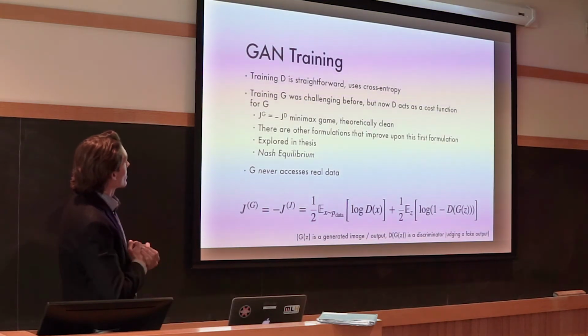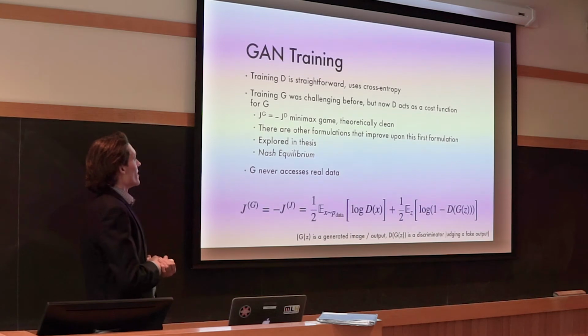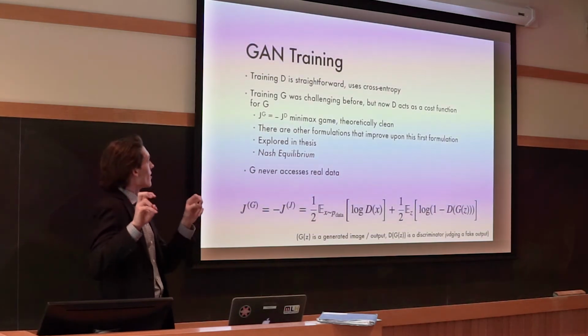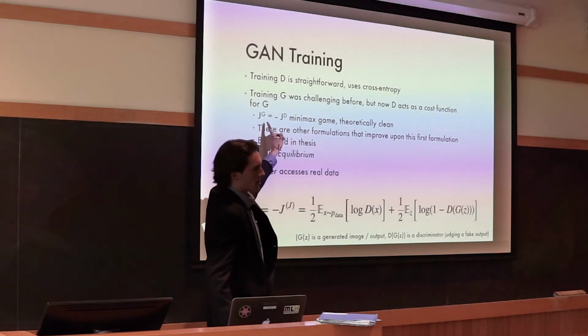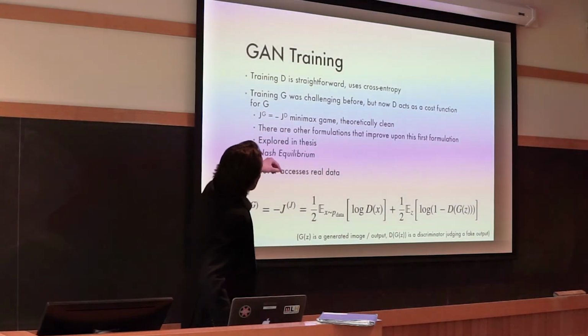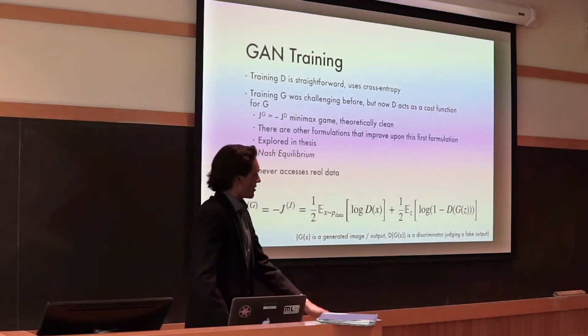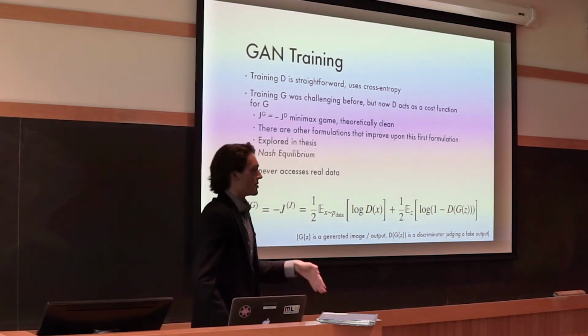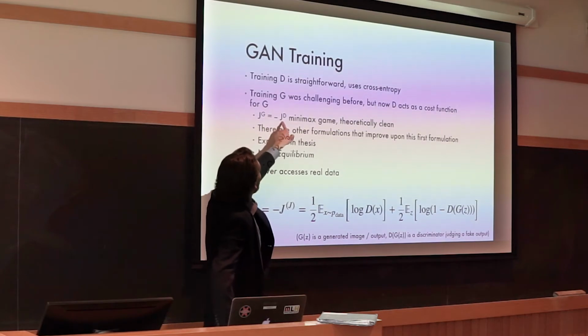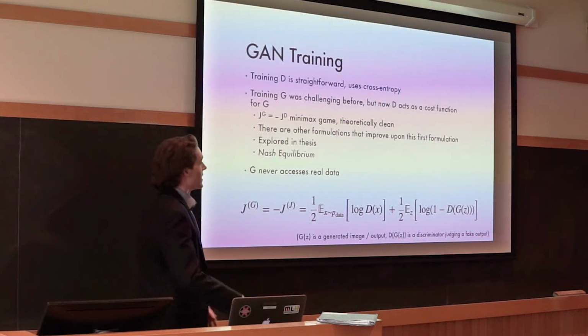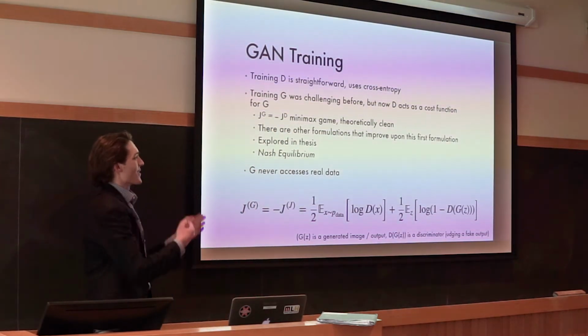So now we're rephrasing the goal. The goal of the generator is not to create real looking art, it's just to mess up D, and J are the cost functions. So again, you want a low cost function. You're moving to lower measures of your error in training, and so what G tries to do is just to mess up the discriminator. And then doing that, art can come out of it.